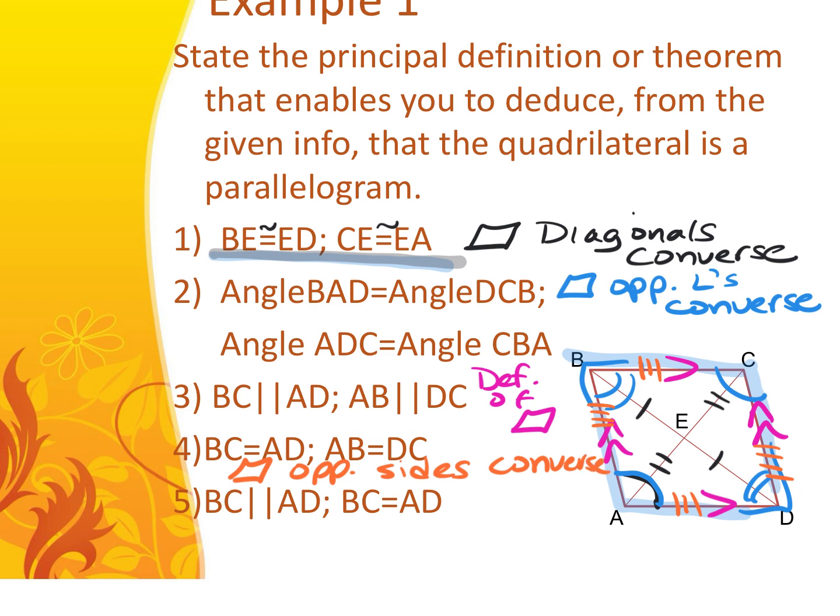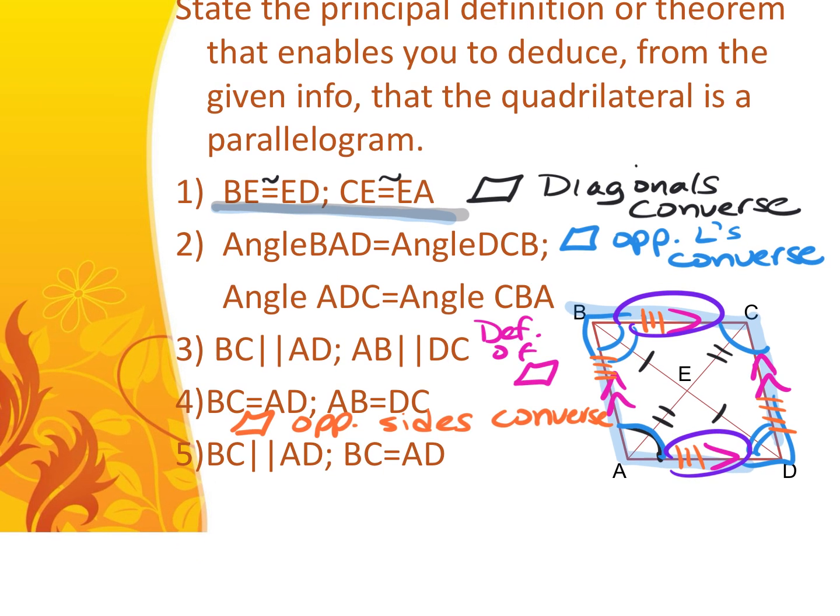And then the last one, when you can show that a pair of opposite sides, one pair, the same pair, is both congruent and parallel, then we can state that this is a parallelogram by using the opposite sides parallel and congruent theorem.